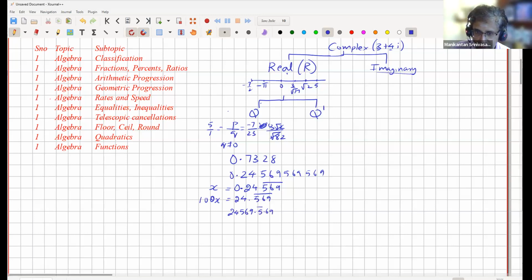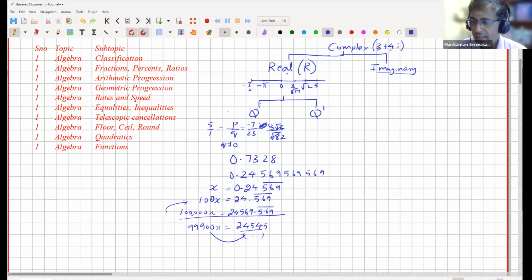I multiply by a further 1,000 so that the repetition of the digits starts again once more. So this is 100,000x, right? And then I can subtract this minus this. I'm not going to do it, but 99,900 x equal to whatever the subtraction of these two is, 24,545, right? And then you can bring this here and write it as a fraction.